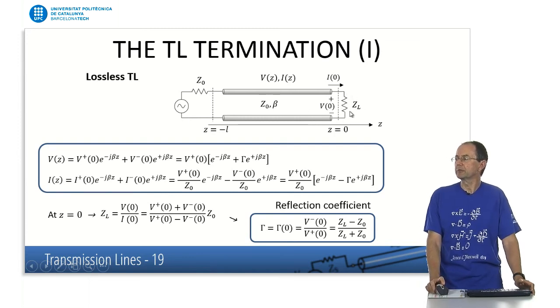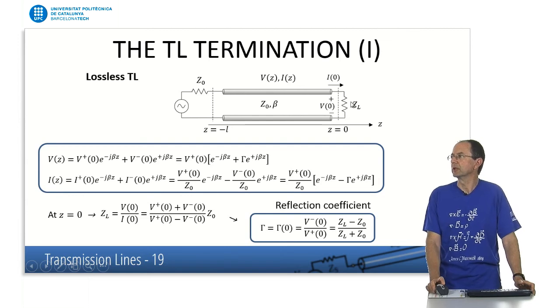So let's assume, for example, the load has the same impedance as the characteristic impedance of the transmission line, and let's assume for a moment the generator also has an output impedance which coincides with the characteristic impedance of the line and the load.